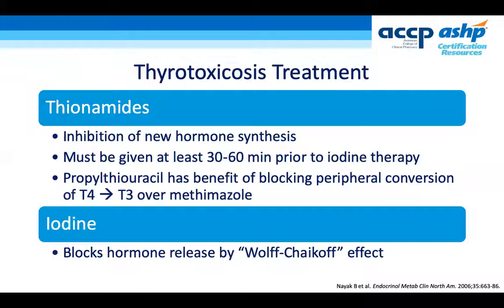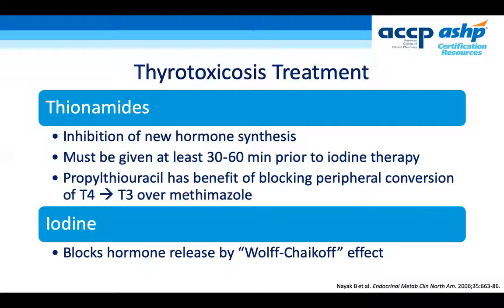Now, in terms of how we manage thyrotoxicosis, treatment is very manageable. We have the thionamides, propylthiouracil and methimazole. They both inhibit new hormone synthesis. It is important that these drugs be given early on in thyroid storm treatment, and they need to be given at least 30 to 60 minutes prior to giving any iodine therapy.